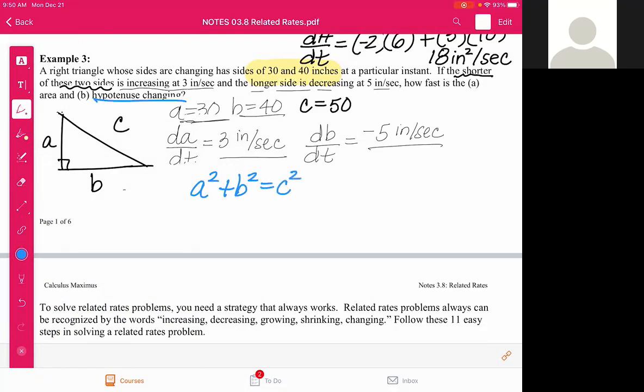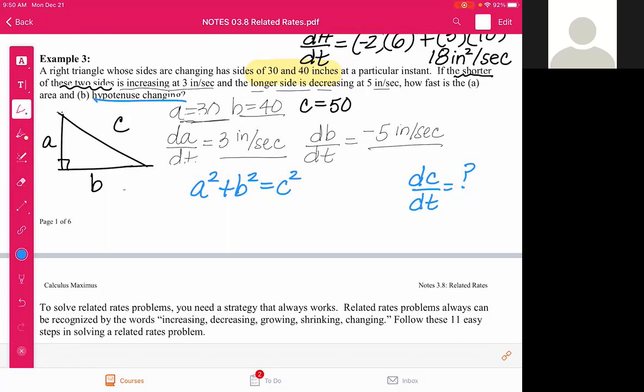Okay. So if we want to know how fast the hypotenuse is changing, that means that we're looking for dC dt. dC dt would be how fast the hypotenuse is changing. All right, so take the derivative of the Pythagorean theorem implicitly and plug in everything that you're given.